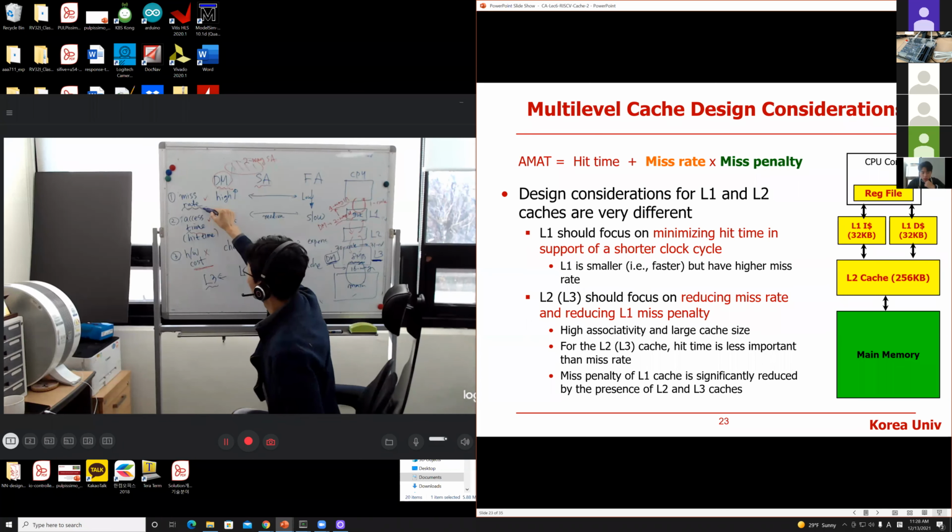Because again, access time is already slow for a big cache. Access time increased from 30 clock cycles to 31 clock cycles. That is not a big deal. Does it make sense?